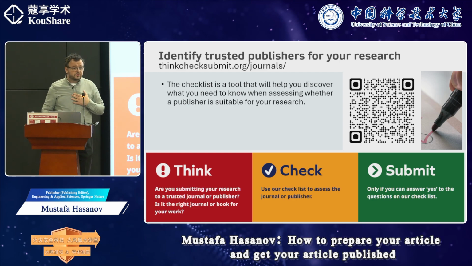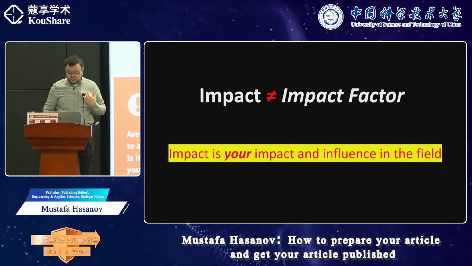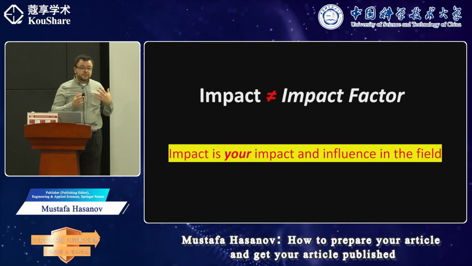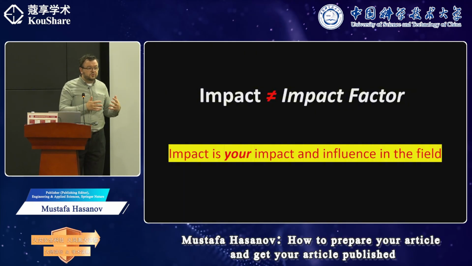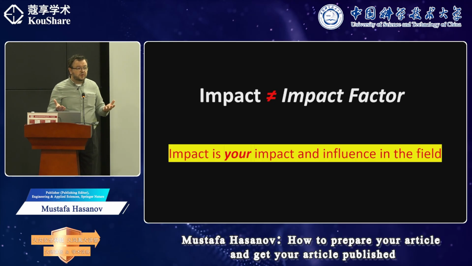And I want to give one important conclusion to this section when you select a journal. Your impact is not the same as the journal impact factor. Your impact as an author is focusing more on yourself and having a strategy when you publish and when you do your PhD. So let's say you have 3 to 4 years of PhD, and you really have to make a plan on where you're going to publish and how you're going to publish.